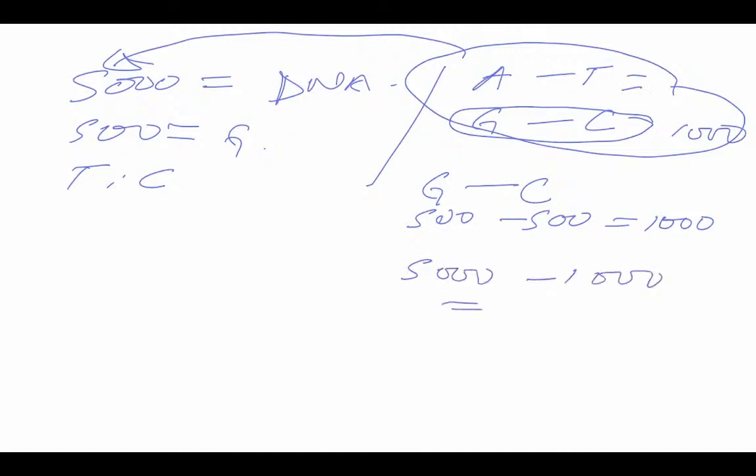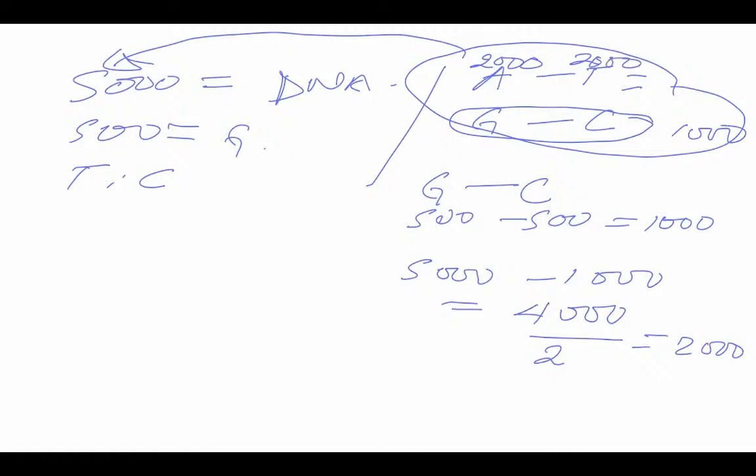It will give me how much? 4,000. But this 4,000 is for both adenine and thymine, and adenine and thymine are equal. Therefore, I have to divide it by 2, and then I get 2,000. So adenine is 2,000, and the thymine is 2,000.